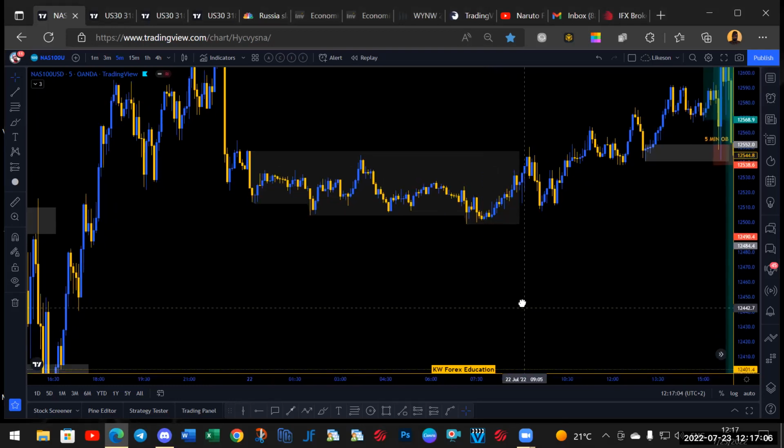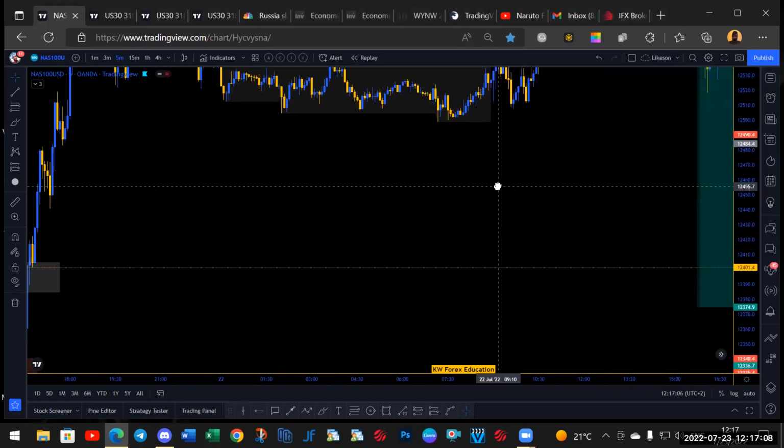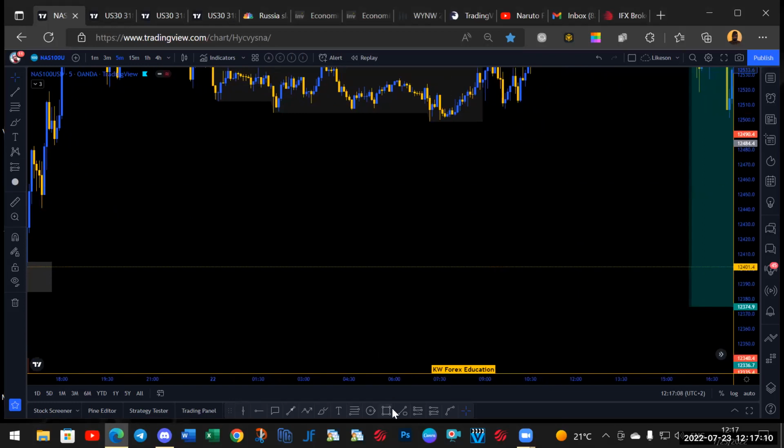So the two ways you can do this, right? The first way is you use multi-time frame. The second way is to just use one time frame and just follow the order flow.